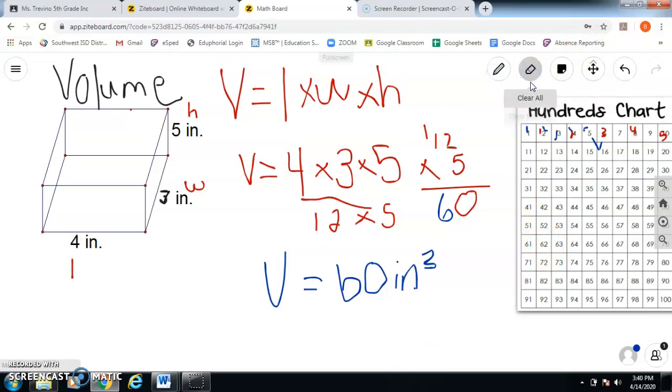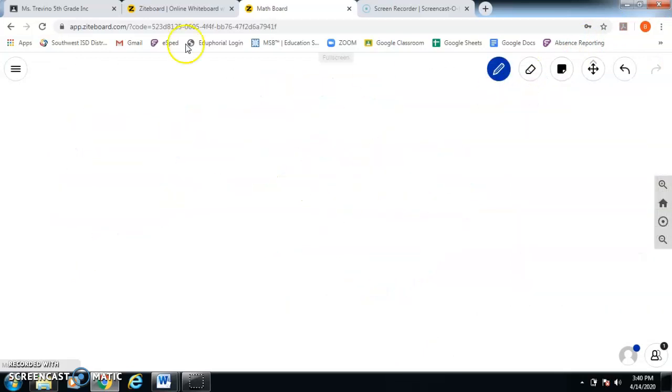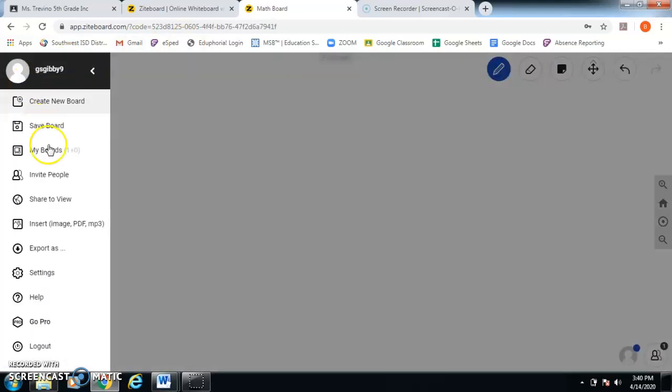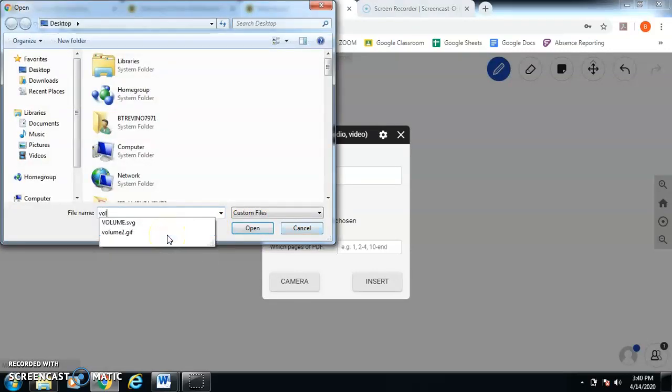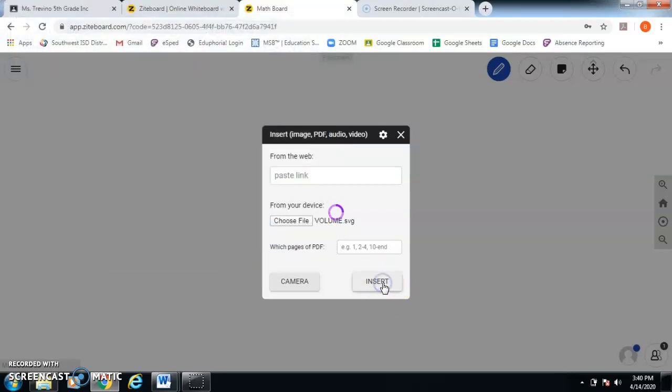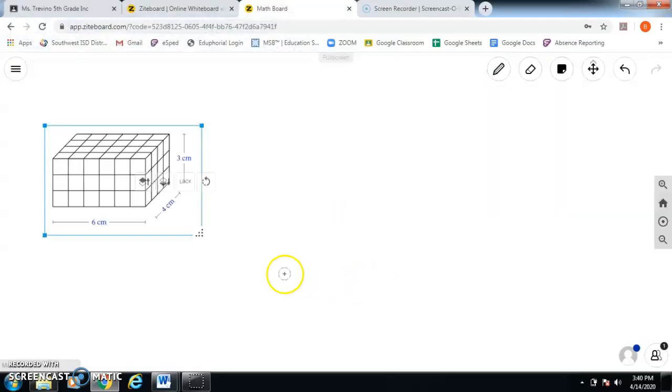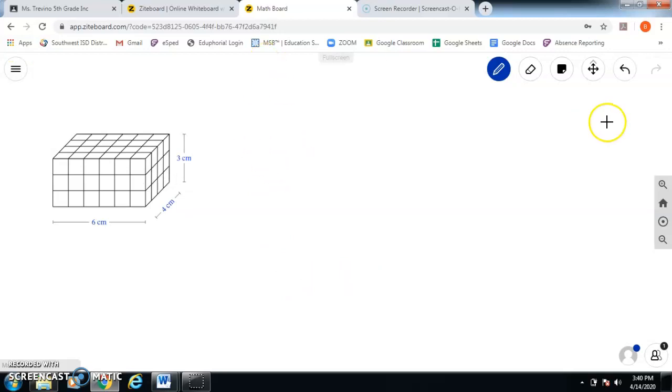Okay, so now I'm going to be showing you with your multiplication charts. So I'm going to bring in the next problem. Okay, what is our first step? Does anybody remember?